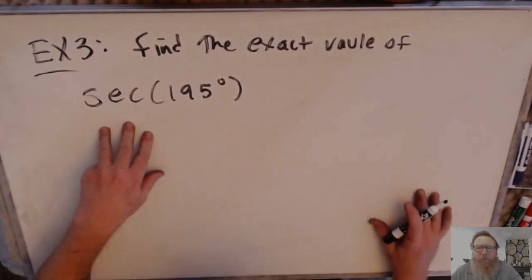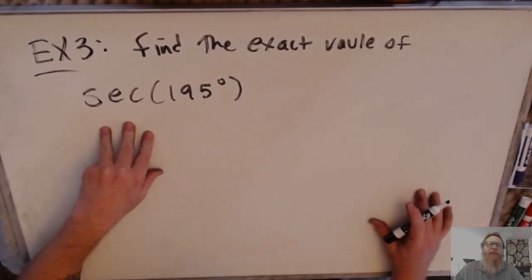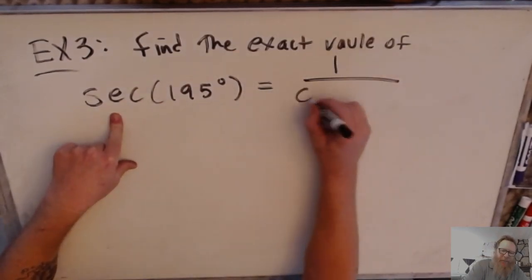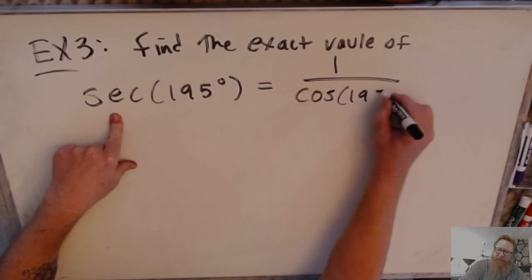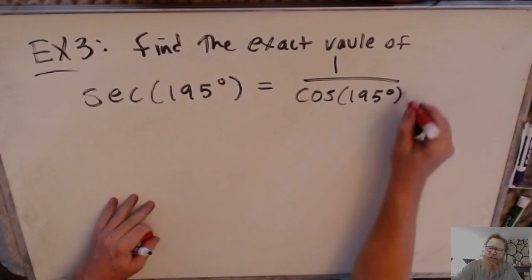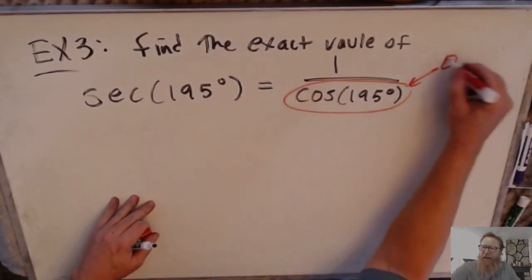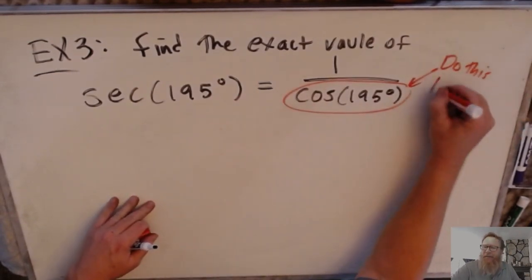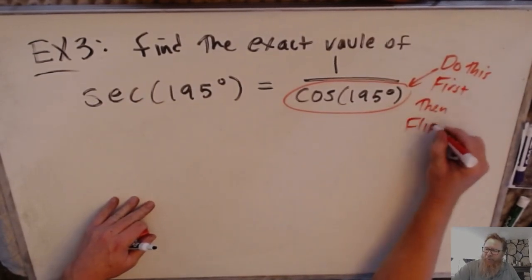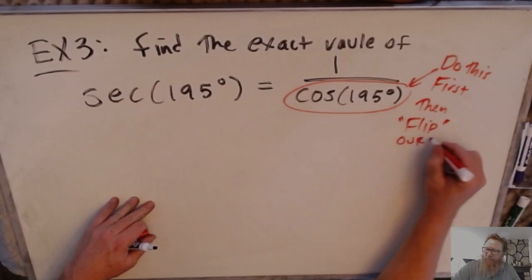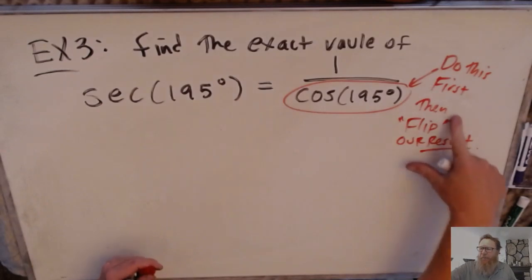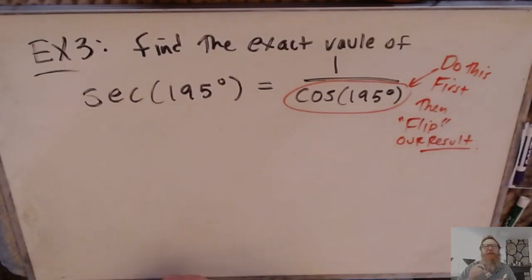It's just not worth memorizing. So the formula for secant is the reciprocal of cosine. So what we're going to do is solve for cosine and then flip our answer, or our result. The reciprocal is also known as the flip of your answer.